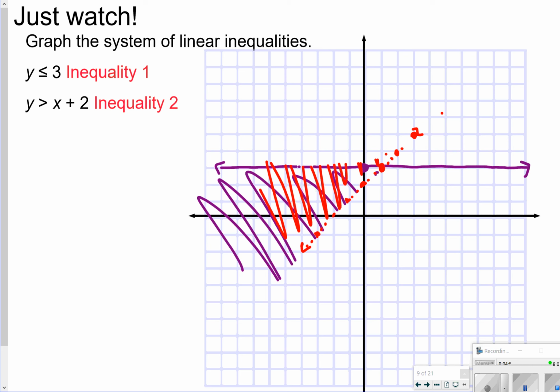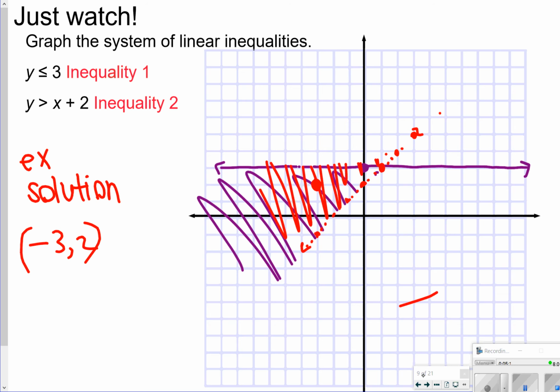So an example solution could be anything in this region. I could maybe say that my example solution is -3, +2, so 1, 2, 3, +2, which would be right in this region. So what you're essentially doing is just showing the crossover for that, and that's exactly what you're going to do next on that provided piece of graph paper.